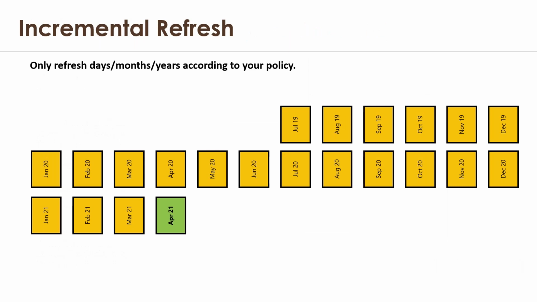All right, and the last thing I want to cover with data modeling is incremental refresh. Incremental refresh is an ability you have if you have a Power BI Premium license. This is great if you have a lot of data and you only want to refresh the new data. How Power BI works is typically if you hit refresh, it will refresh everything.